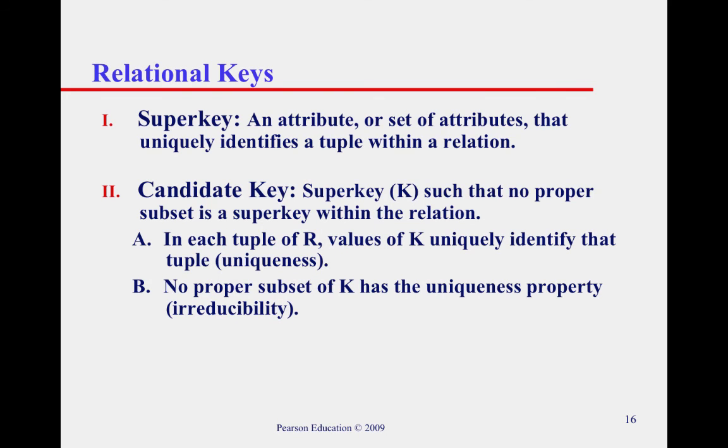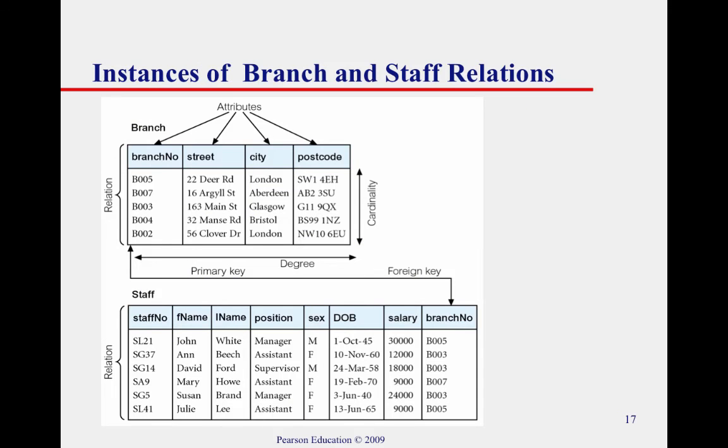Now, superkeys, as you can see, can be verbose. So what we're often looking for is a minimal set of attributes that forms a key. So back here, branch number is a key, but so is branch number, street, city, and postcode. Well, we're looking for succinct keys, so we would like to find a minimum set of attributes that uniquely identify the tuples.